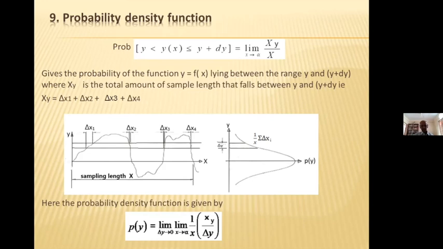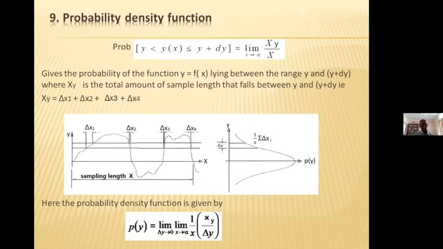So that is not very difficult to understand. The probability of finding a function within a window of dy at a distance of y from the mean line or the reference line is, in the limit x tends to infinity, xy by x, xy being the sum of the amount of the function lying between the window.